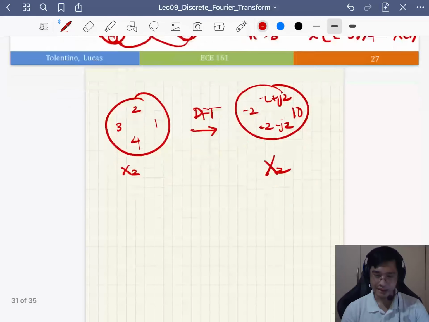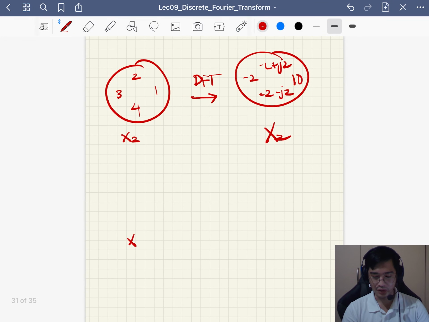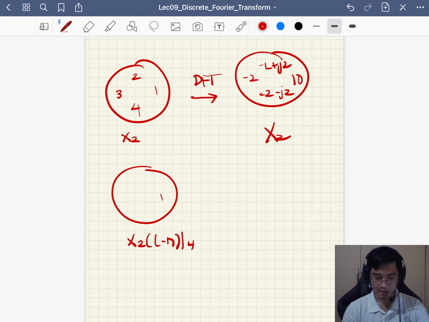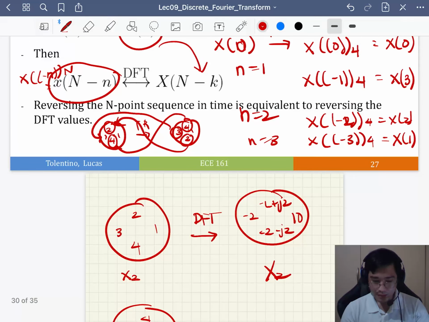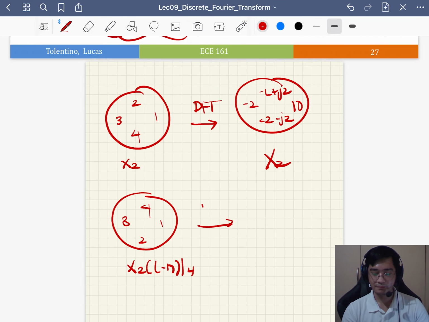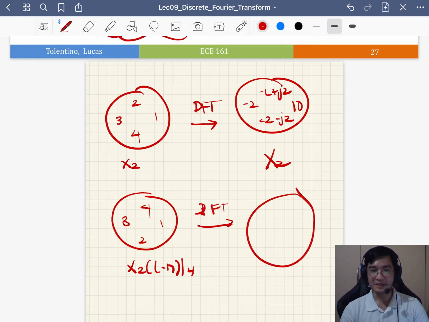If we want the DFT of its time reversed version instead, it is equivalent to the frequency reversed version of x2: 10, negative 2 minus j2, negative 2, negative 2 plus j2.